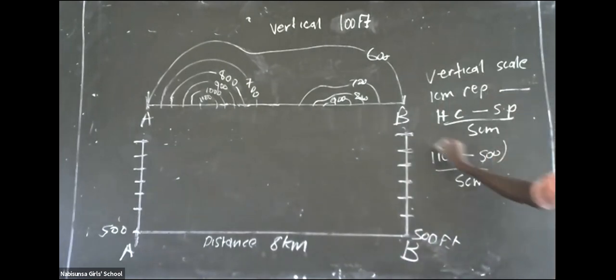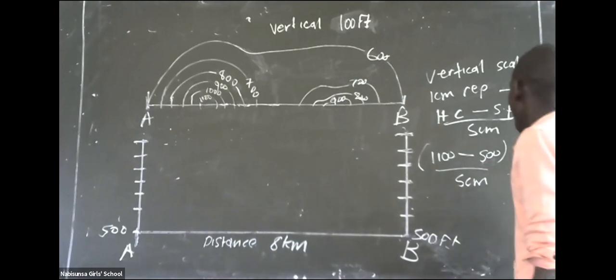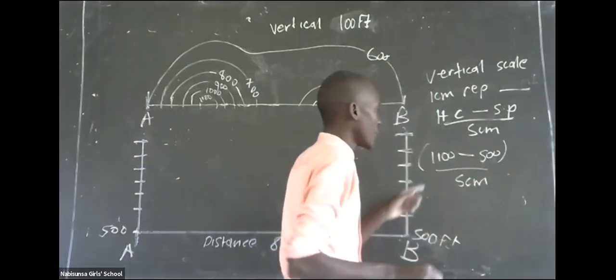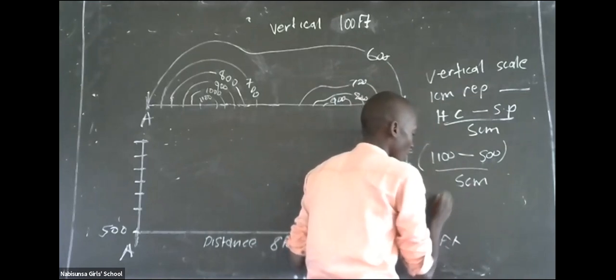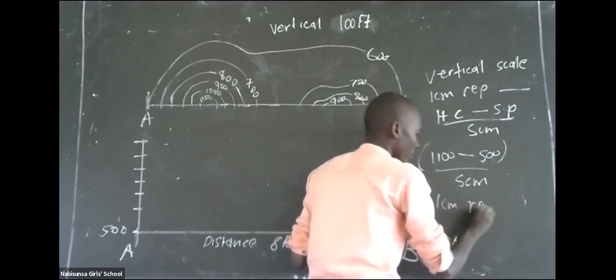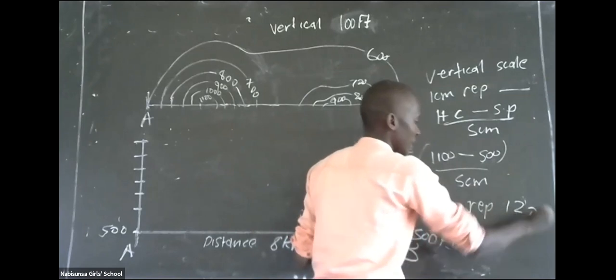Can you get for us this answer? 600 divided by 5 is 120. 120, yes? 1 centimeter is 120.